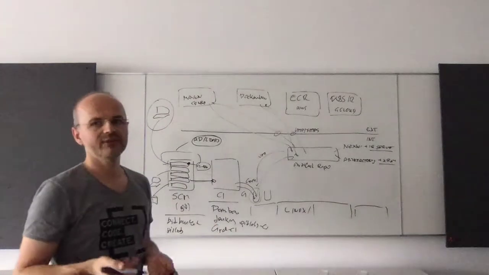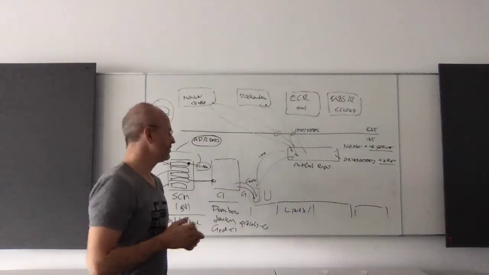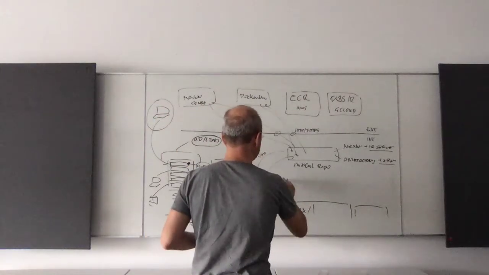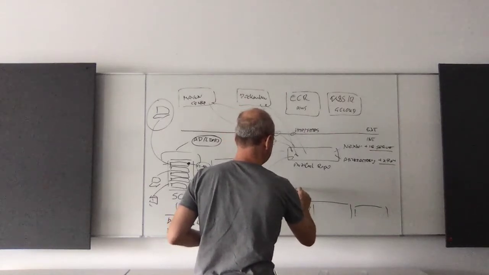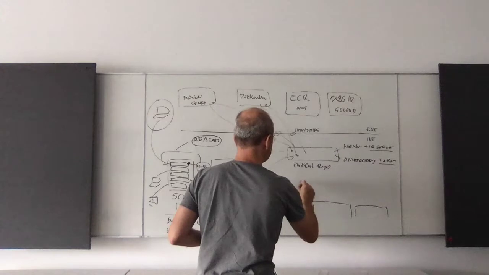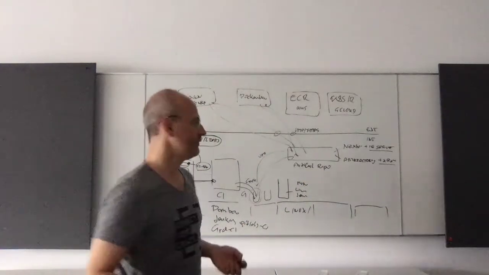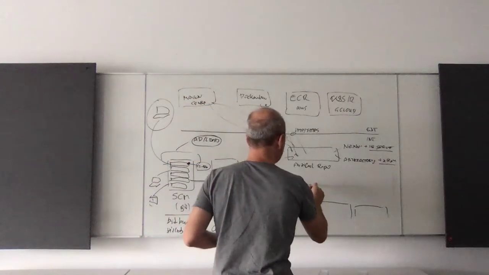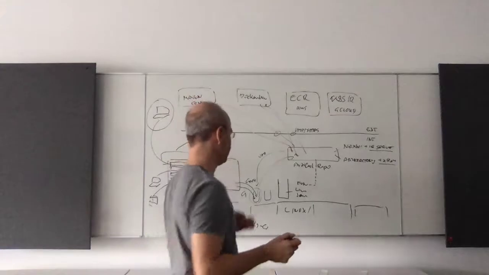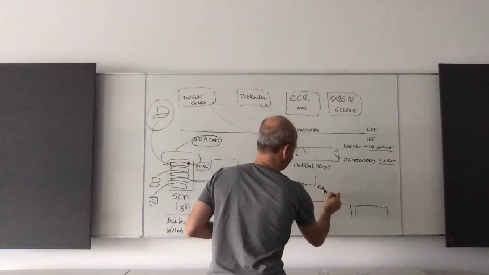Within the CI file, it will say something like, for our build, we would like to spin up a container on our build machines, and that's an image that contains Linux, Java, and Maven, and it also contains some configuration so that it knows how to speak to my artifact repo. So it will need some kind of settings XML.